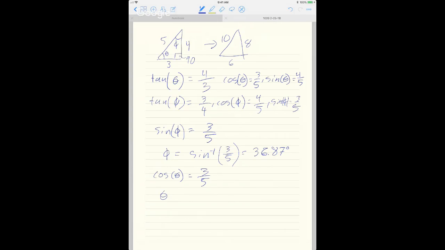So then theta is equal to the cosine inverse of 3/5. And if we compute that, we come out with about 53.13 degrees. We could have also said 90 minus phi is equal to theta. Okay, that's some triangles analyzed.